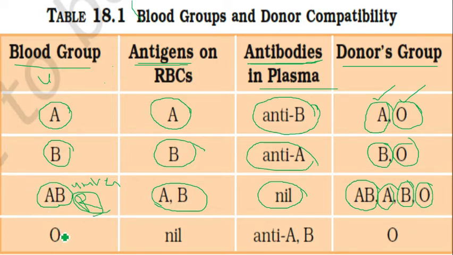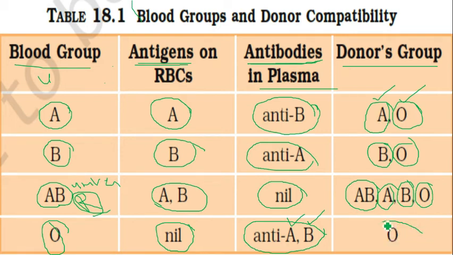Then the O blood group. The O blood group does not contain any antigens on the RBC, but O blood group people contain both anti-A and anti-B antibodies in their plasma. Because of the presence of both anti-A and anti-B antibodies, they cannot receive blood from any other persons. They can take blood only from the same blood group.